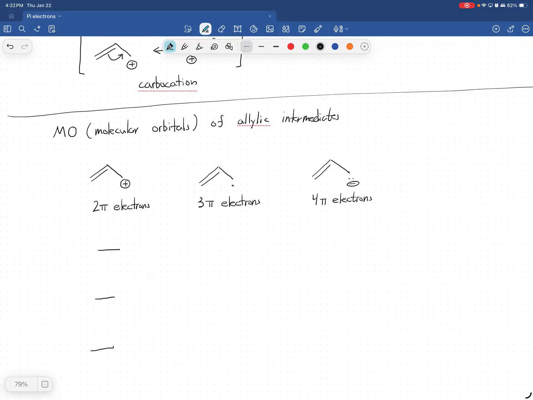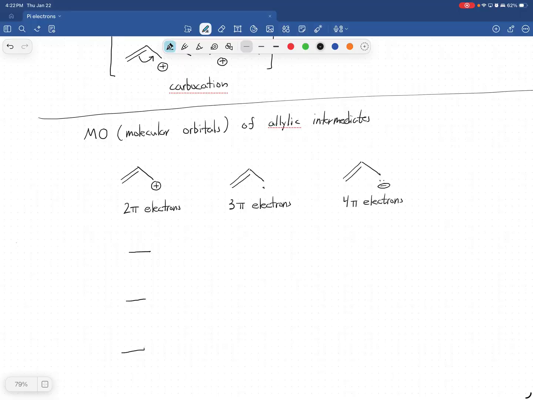So I'm going to write over here the atomic orbitals. All right, so in this group, what we have here are a series of p orbitals. Okay, so you have 3 p orbitals. All right.